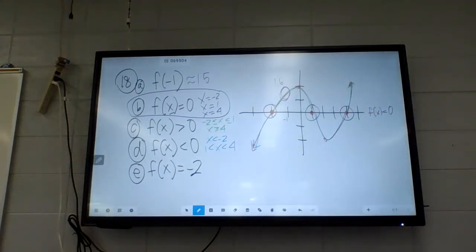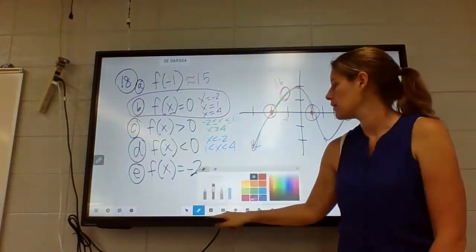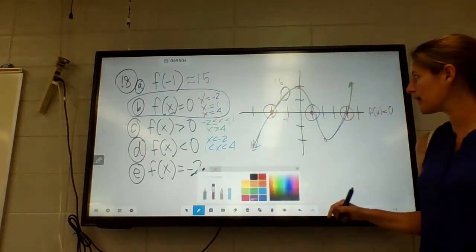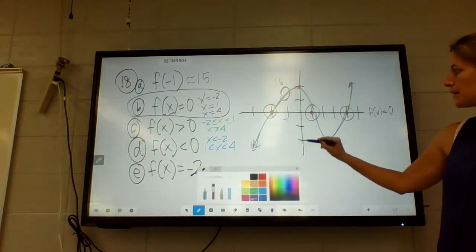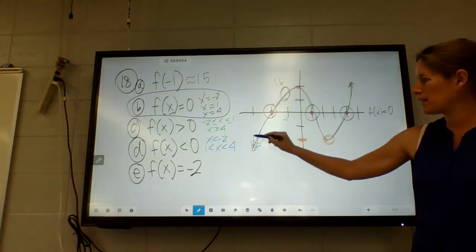And then it asks, when does the function equal -2? And they're asking what the x is again, so that's kind of a clue to me. I'm looking for x because x is unknown there. So in that case, -2 is here. So I'm thinking we're looking for this point and this point.